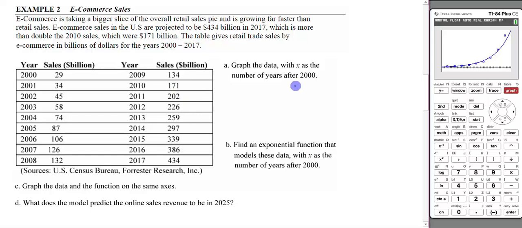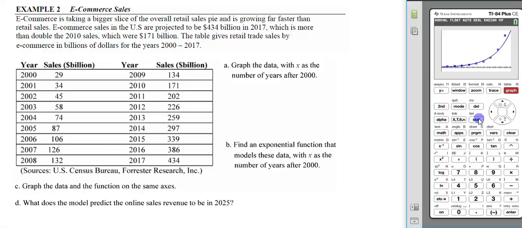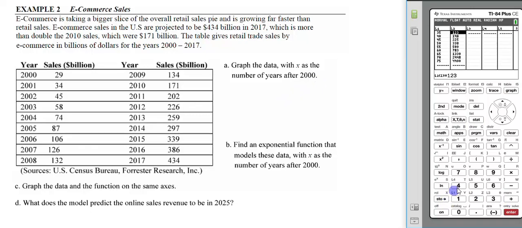Let's graph the data with X as the number of years after 2000. So let's Stat, Edit, and remember we are aligning our inputs to the year 2000. And let's go to list 2 and put our sales in billions of dollars there.